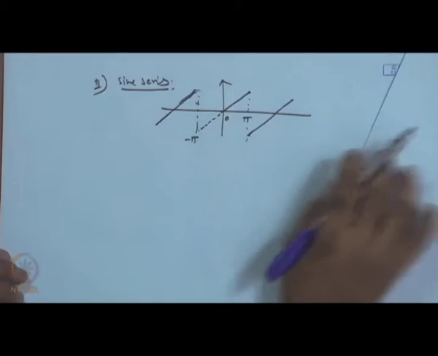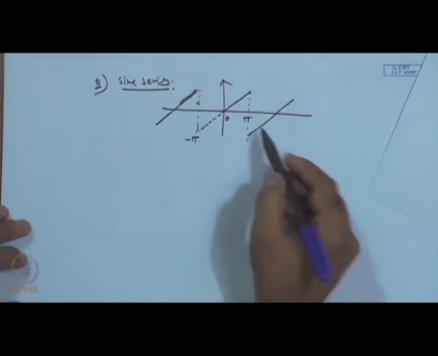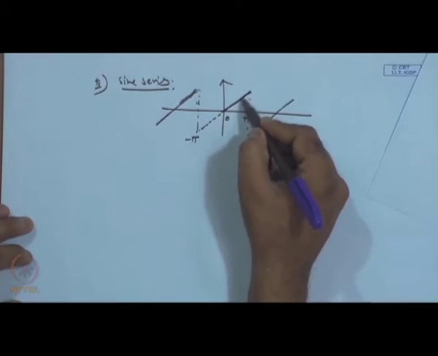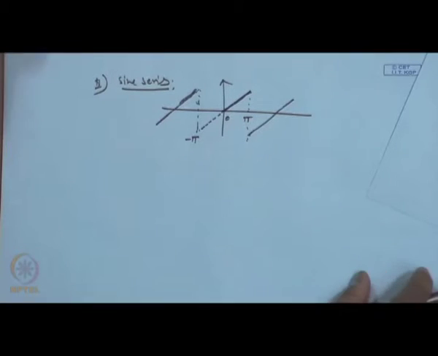Now we can write this function in sine series form, and that will be valid for f(x) = x in 0 to pi. So, let us go for a few examples for this.